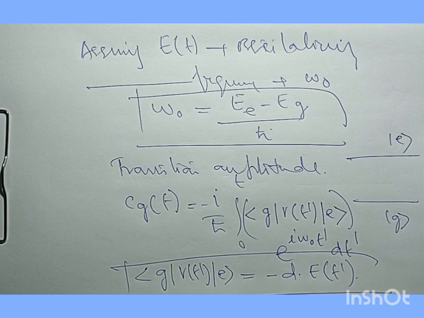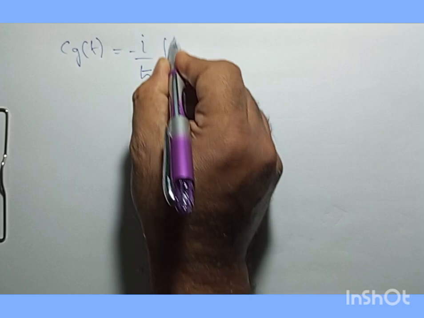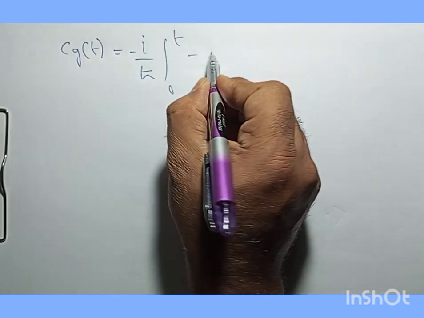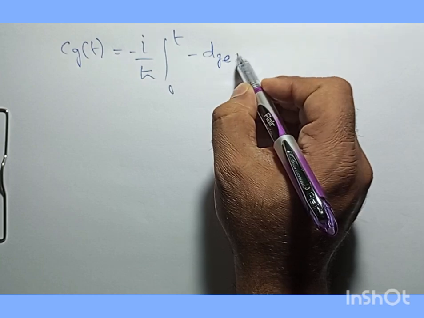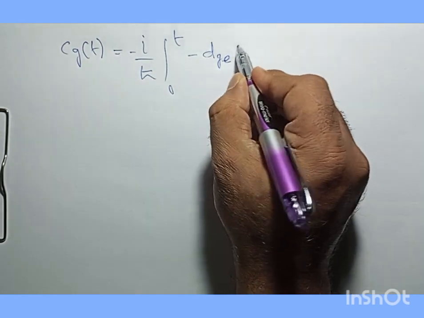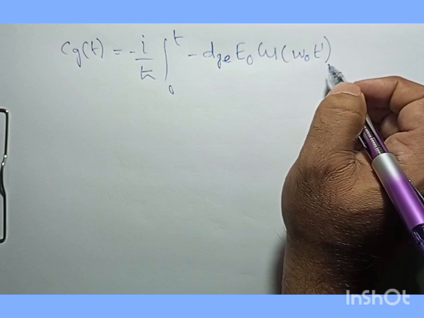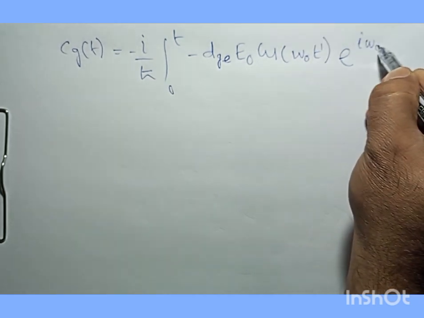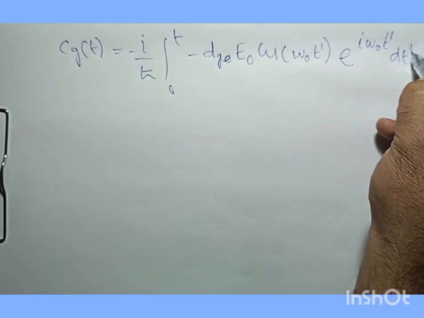So we can look for that, and what we obtain is C_g of t is minus i by h bar, integral 0 to t, and for the matrix element we will be using minus d_GE, rather right here from the transition from excited state to the ground state, and then E naught, and we have cos omega naught t dash, and then the exponential e to the power of i omega naught t dash, dt dash.